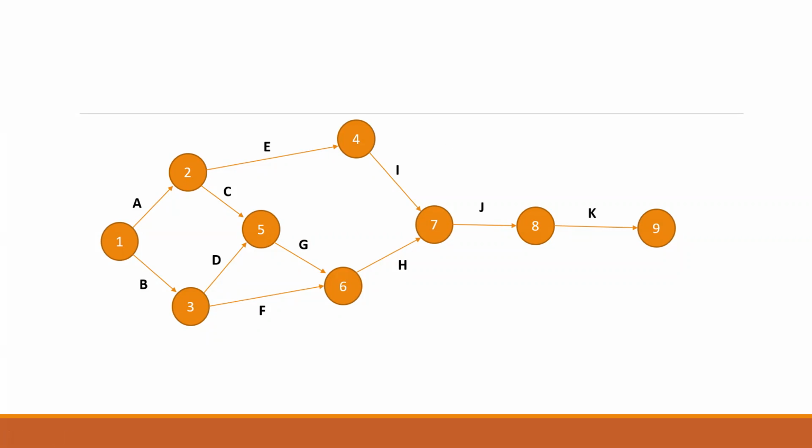Once we complete, actually, this one is just a simple example of drawing a network diagram. This is not the only thing which we need to do. Whenever we are drawing a network diagram, all your activities and events will come along with some time duration. And especially in case of CPM, there'll be a single time duration or estimate which will be given to you.